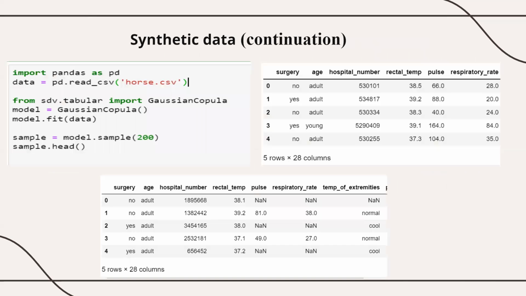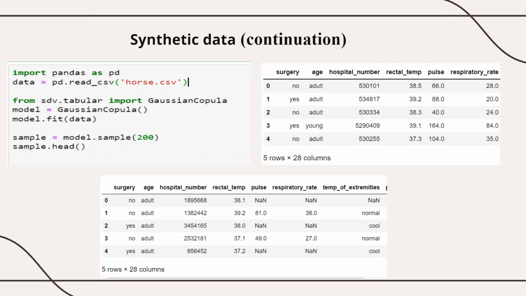This is an example of how synthetic data is generated in Python using the SDV package. We can see that we imported pandas.